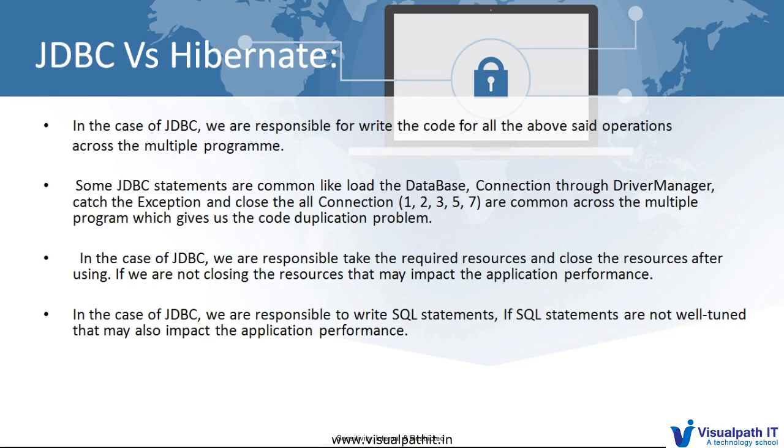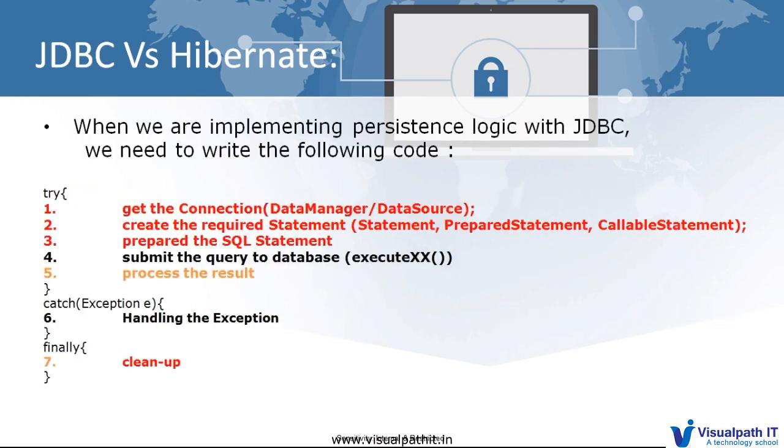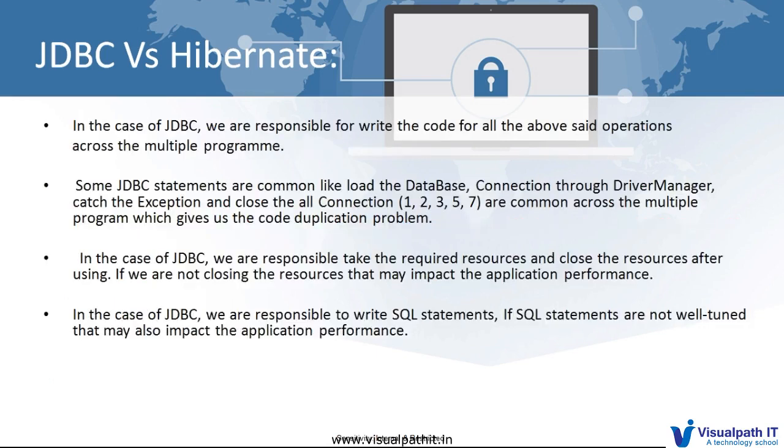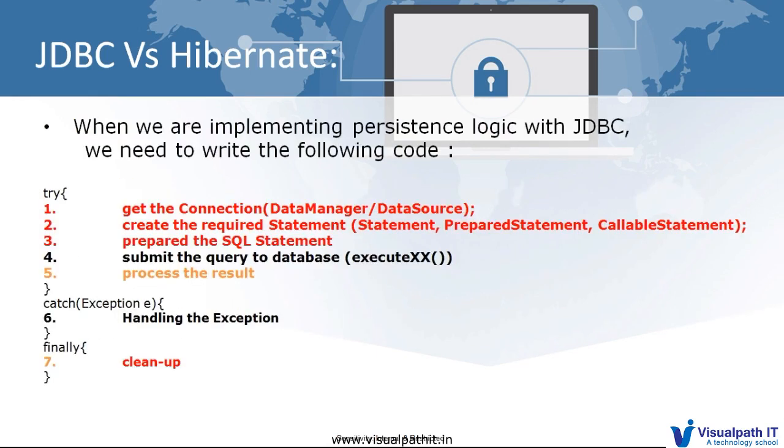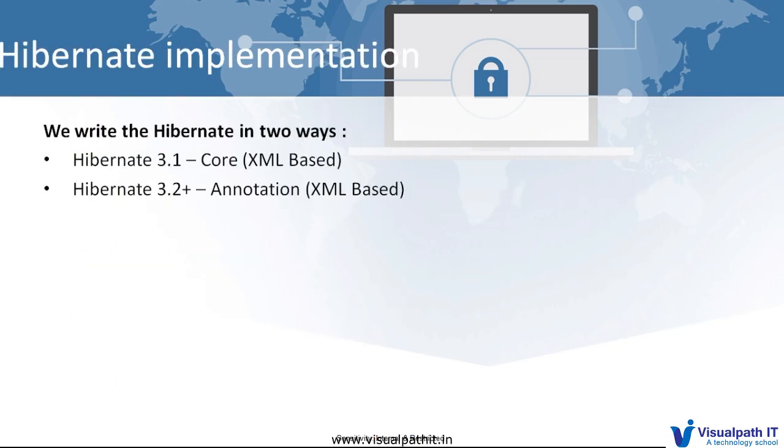What I explained here is the same thing shown in this slide: most of the red code is repeated, and that creates a code duplication problem. But the ORM tool provides that automatically, and we only have to write the dynamic code. We do not need to write unnecessary code here, as I already explained.